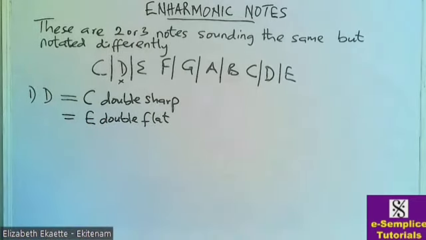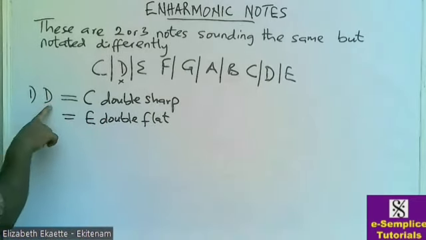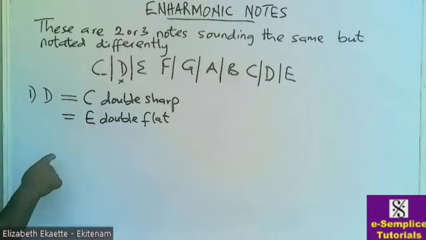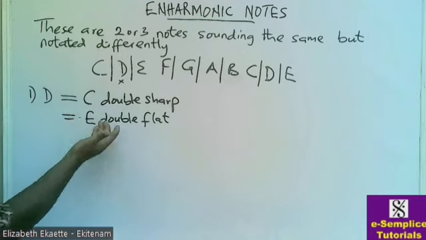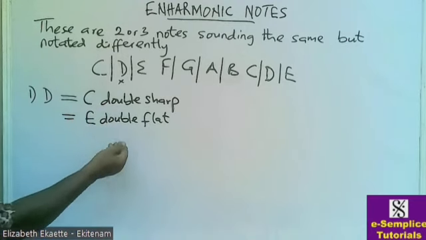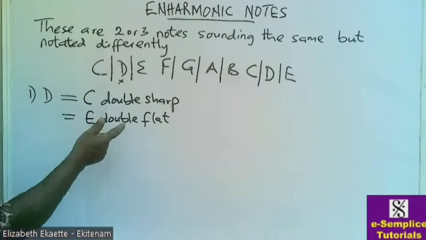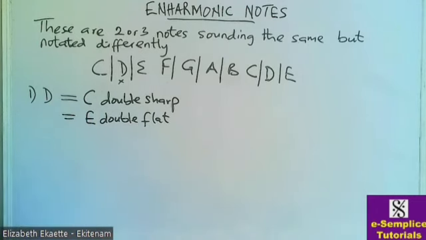The pitches would be exactly the same. D, C double sharp, E double flat are enharmonic notes because the 3 of them sound the same, but they are written differently. When you write it down, it's different, but the sound of these 3 notes is exactly the same.